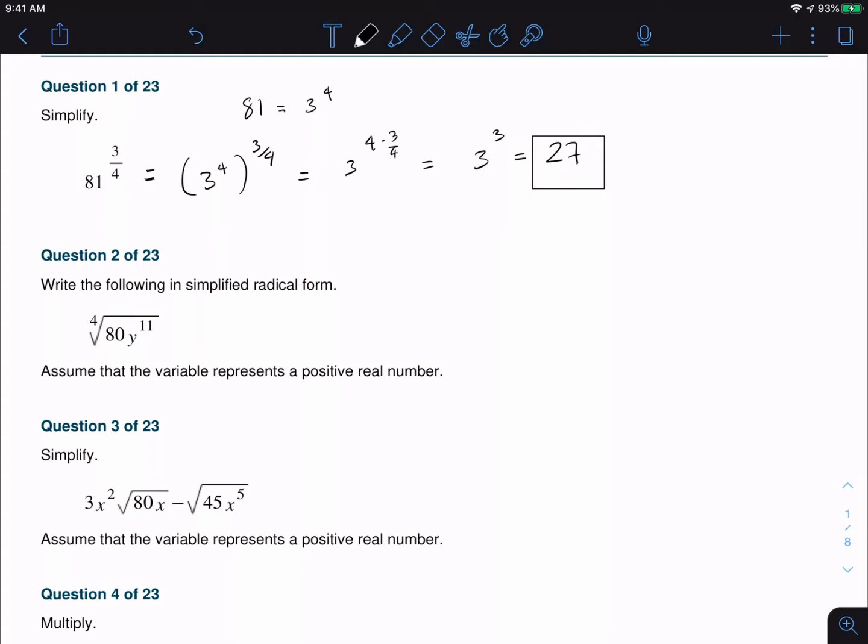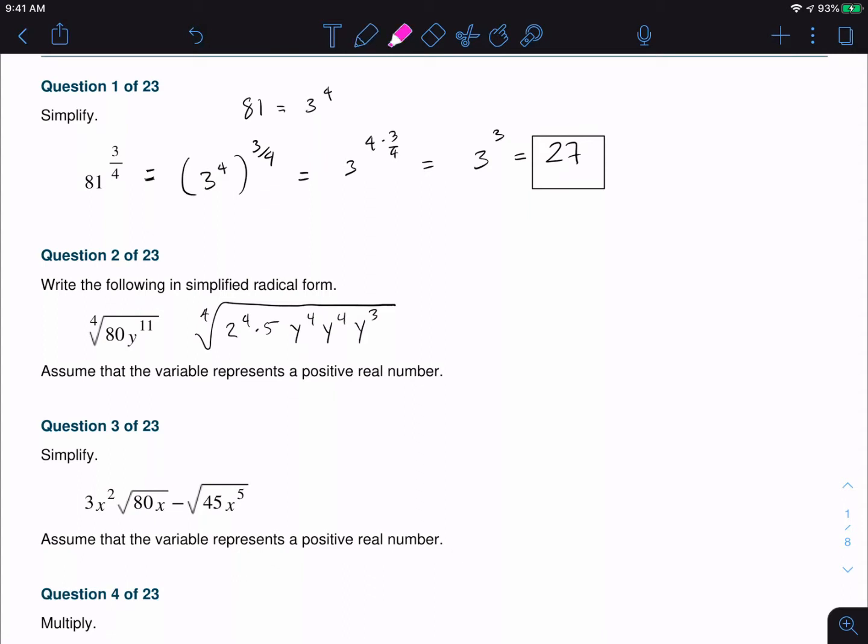Okay, now this next example, it's to the 4th root, and so what I need to think about is numbers that are 4th roots. And so 2 to the 4th is 16, and 16 times 5 is 80. So I'm going to go 2 to the 4th times 5, and then I'm going to go y to the 4th times y to the 4th times y to the 3rd, and that's going to all be under the 4th root.